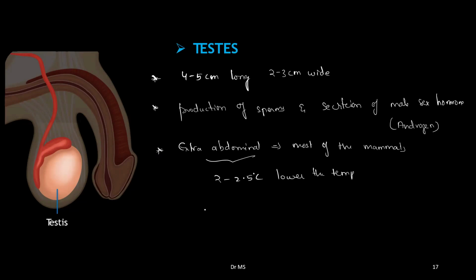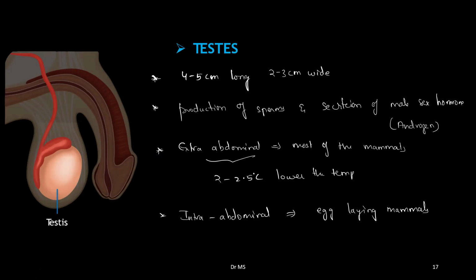And remember, intra-abdominal means the testis is inside the abdomen. In most mammals, it's outside the abdomen, so we call it extra-abdominal. But in some mammals, usually mammals give birth directly, but in some you will see the intra-abdominal condition.